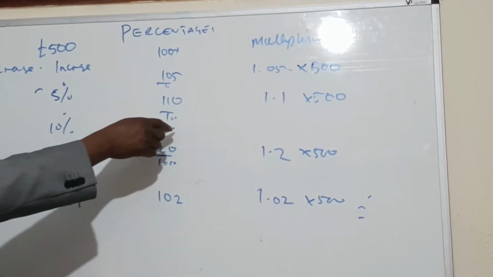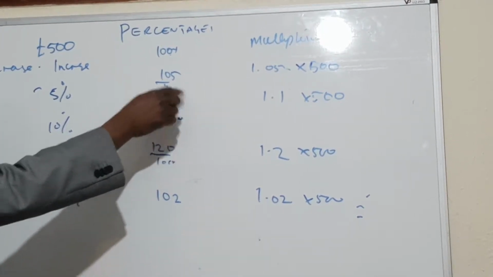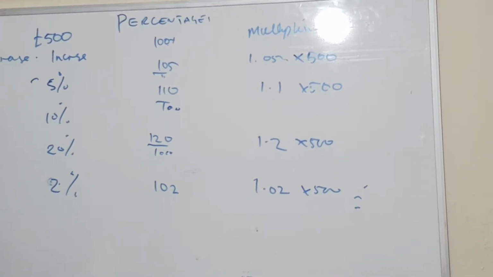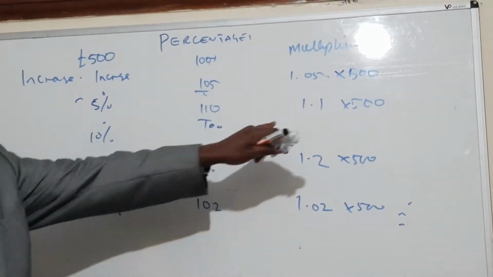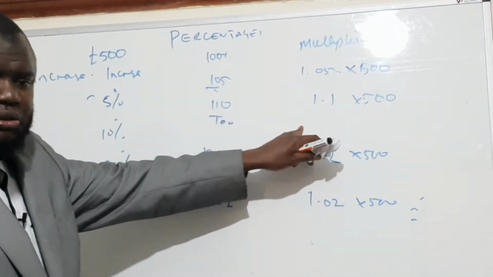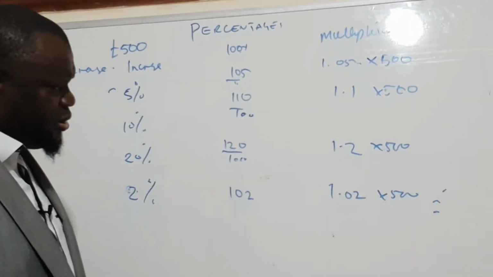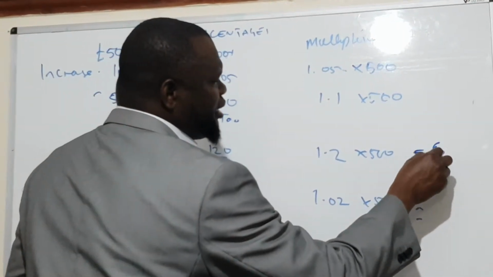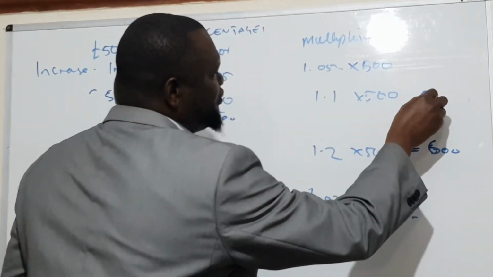So when you divide by 100, anything divided by 100, you move the decimal place by the number of zeros. Ali, is it okay with you? Yes. This is called the multiplier. No, we don't need a calculator. Remember, this is 550.